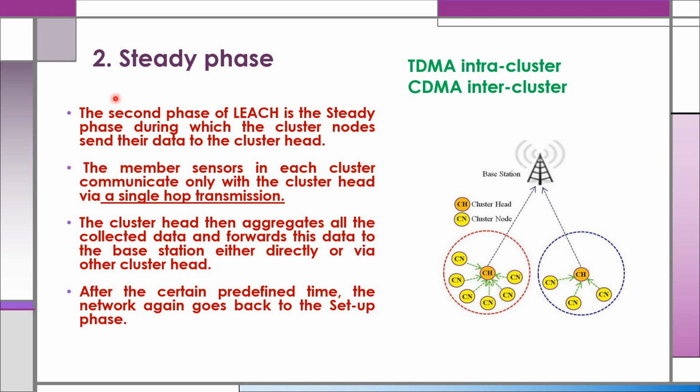In the second phase of operation, we have to perform the corresponding data transmission. In the data transmission part, after forming a cluster and a cluster head, we allot the time slots. In the first time slot, the first node will transmit the data. During the second time slot, the second member node will transmit the data.